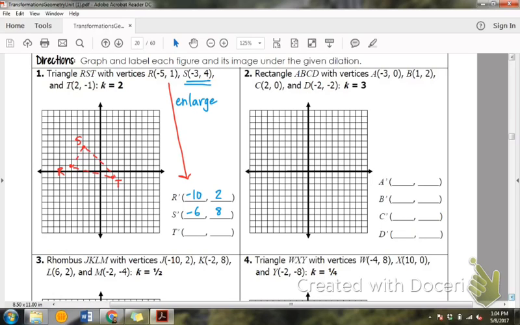That'd be 4 and 2, right? 4, and then what kind of 2? Negative 2. Good. Okay, so now with a different color, hopefully you have 2 different colors of pens or markers, you're welcome to go grab some. Let's go ahead and graph our image now. So negative 10, 2.